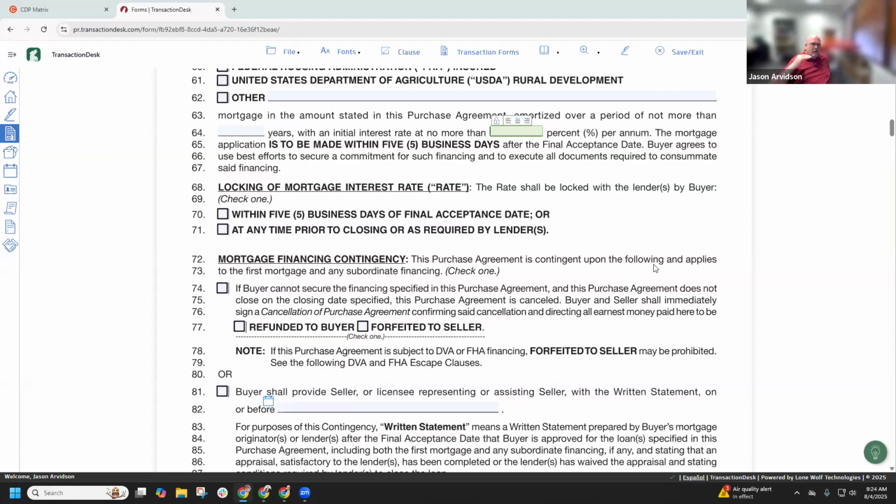So that's what this section, that this update is about. It's just a little bit more clear that when you submit this paperwork, the lender has to get the mortgage interest rate locked within 5 days prior to final acceptance, which is probably the best thing to do for both parties so that you can move forward.